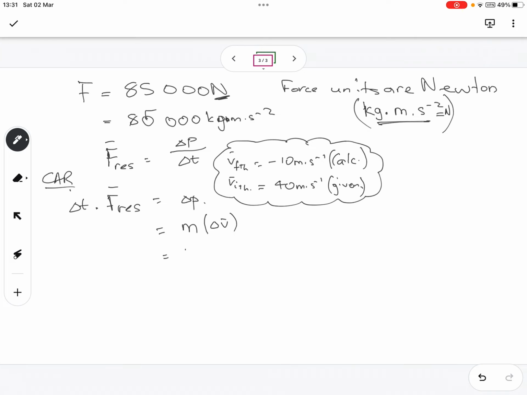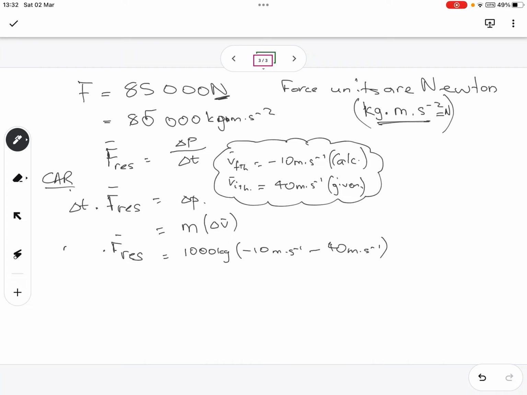The change in momentum is the car's mass times the change in velocity, which is the mass in kilograms times V final, negative 10 meters per second, subtract 40 meters per second, and this equals the resulting force times the time.